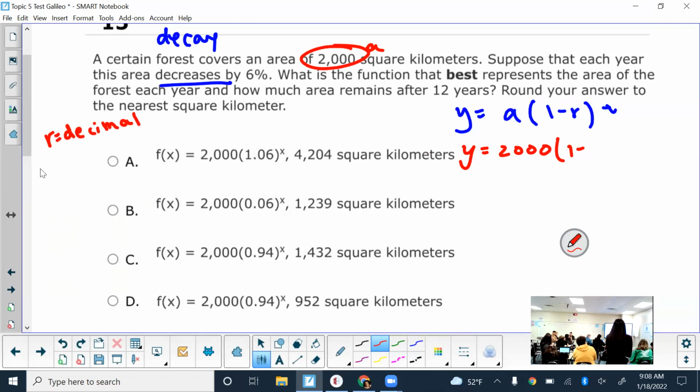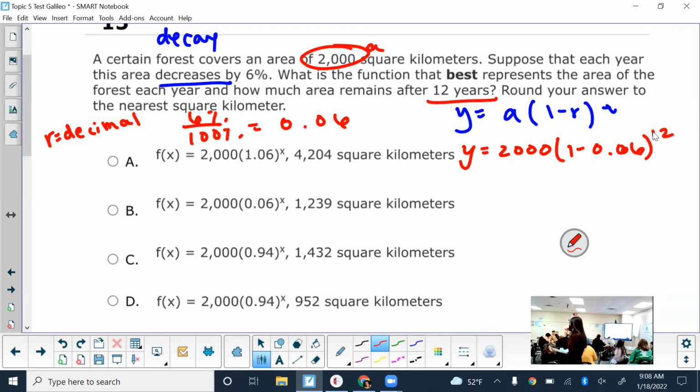If you're ever unsure how to do percents to decimals, what do you do? Divided by 100%, good. So that gives you the decimal of 0.06. All right, and then to the t power, which if you look at how they set up the formula, they just put x. But it also wants to know after 12 years. So t is going to be 12.